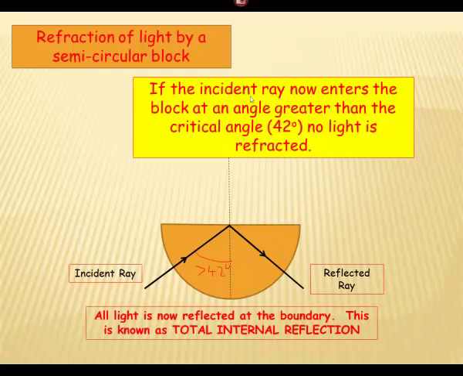So if the incident ray now enters the block at an angle greater than the critical angle, no light is refracted. There's no more refraction, only reflection. This is a very interesting property. All light is now reflected at the boundary. This is now known as total internal reflection, and that's a really important property we're looking at in a subsequent video.